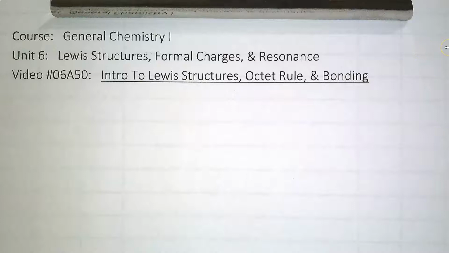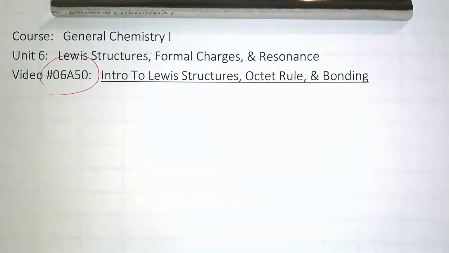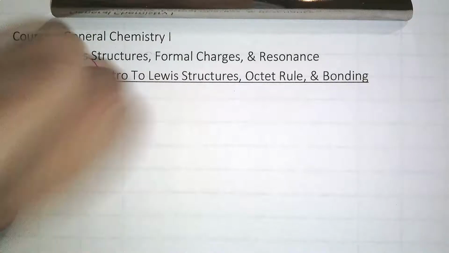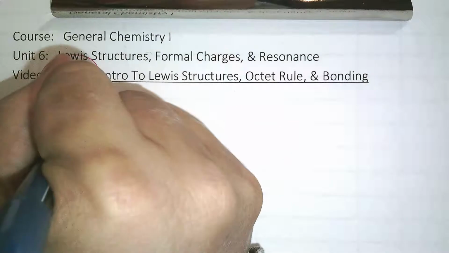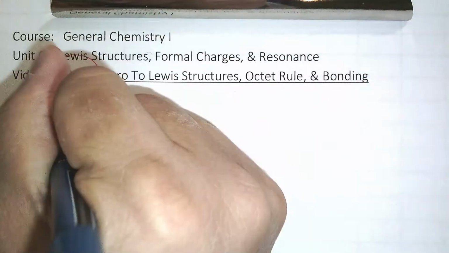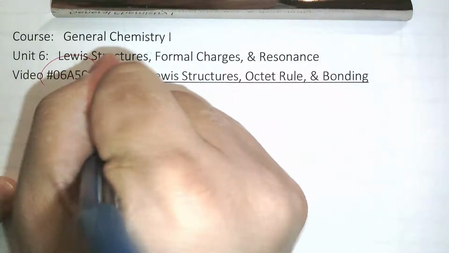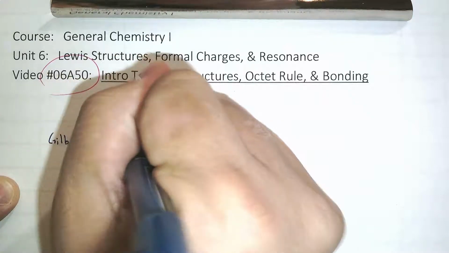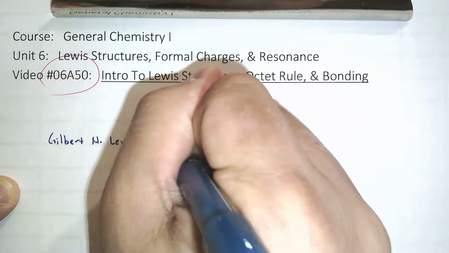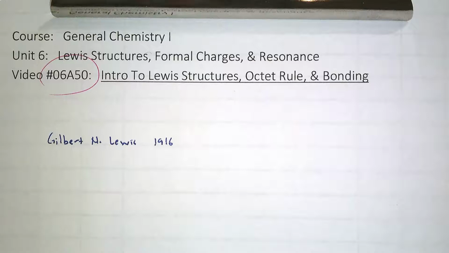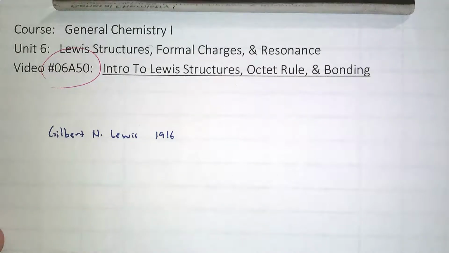Okay. Lewis structures were developed by the scientist Gilbert Lewis in 1916. And this is his theory of chemical bonding.